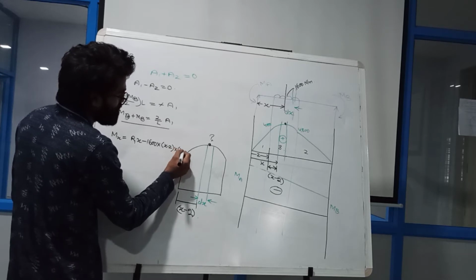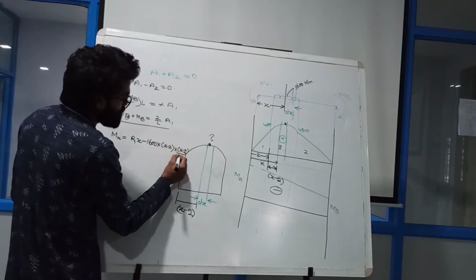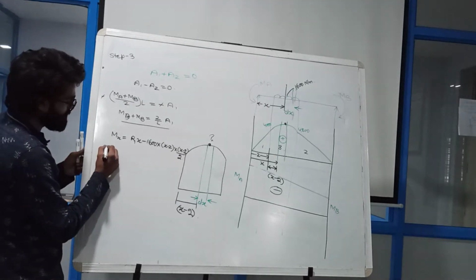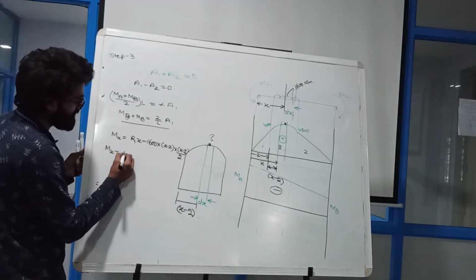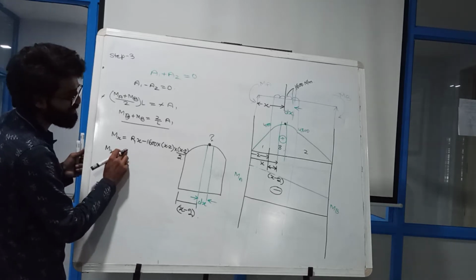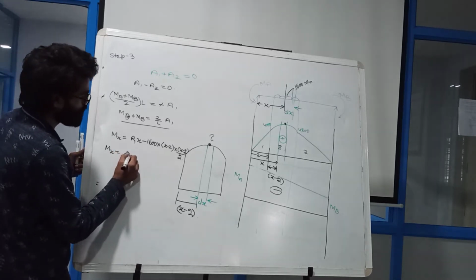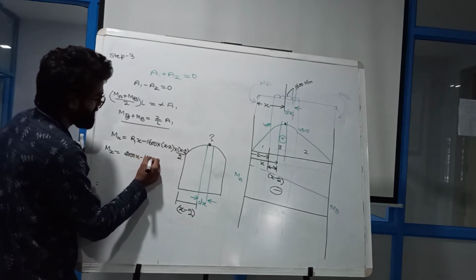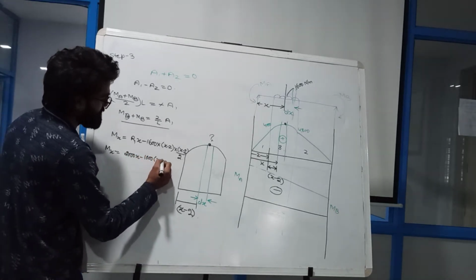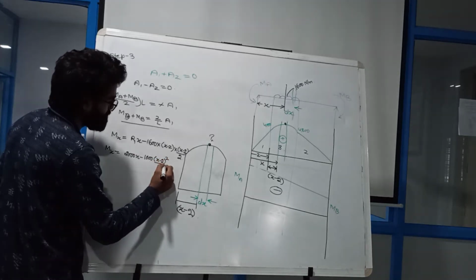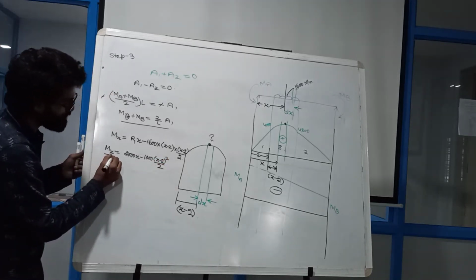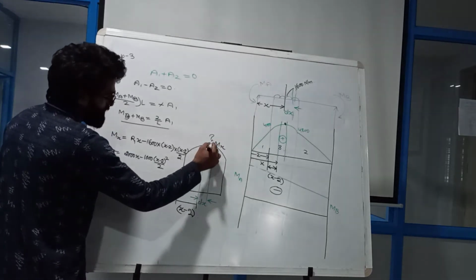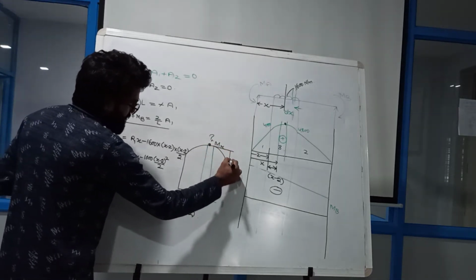It is acting at half of the distance, so (x minus 2) divided by 2. Am I right? So this equation will now become Mx is equal to R1, and R1 value I already know, 2000. So 2000 of x minus 1600 (x minus 2) whole square divided by 2. This is my Mx value. This is my maximum Mx. So my maximum Mx now came, my height came this.